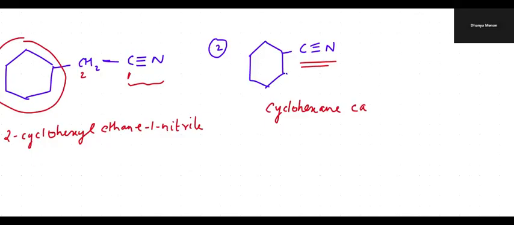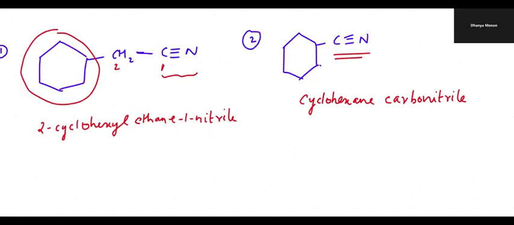Why? Because the carbon of the terminal functional group is directly connected to the ring. Okay, so this is the special case where carbon is directly connected to the ring.